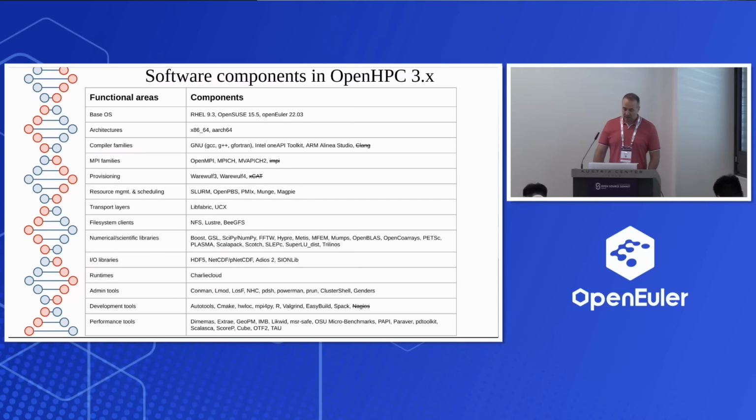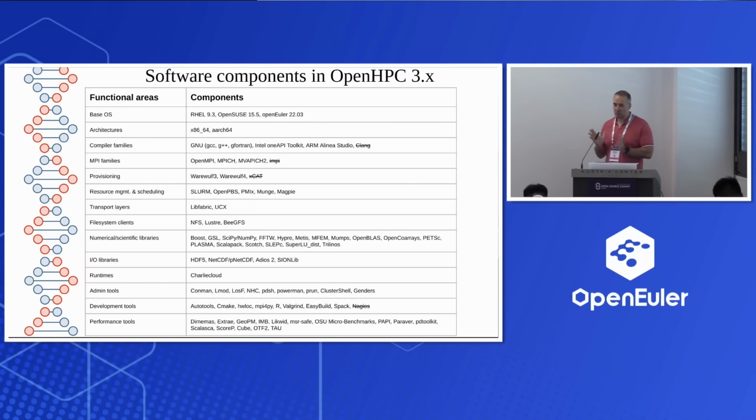For provisioning, we use Warewulf version 3. There is some work to add support for Warewulf version 4, but it's in progress now. XCAT is another provisioner. Warewulf supports stateless provisioning.